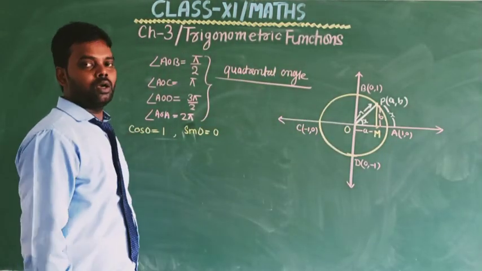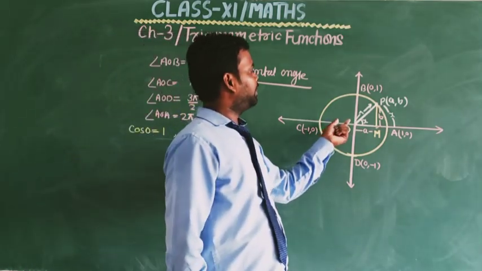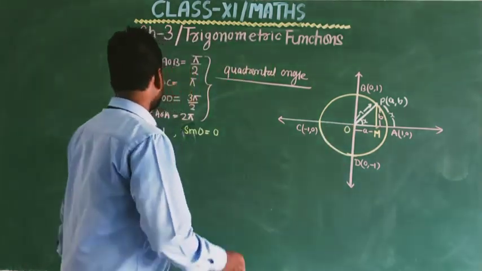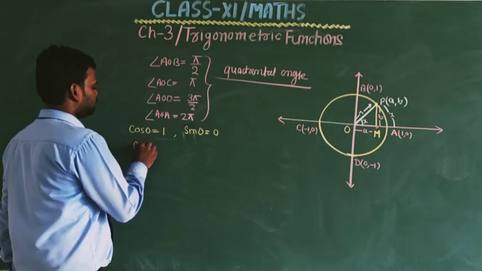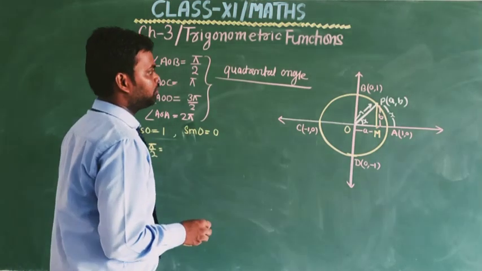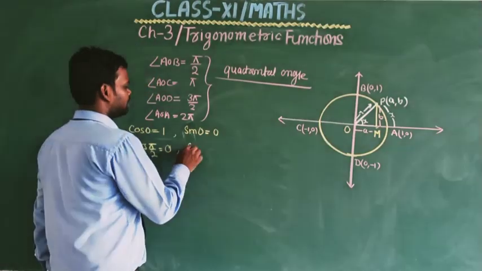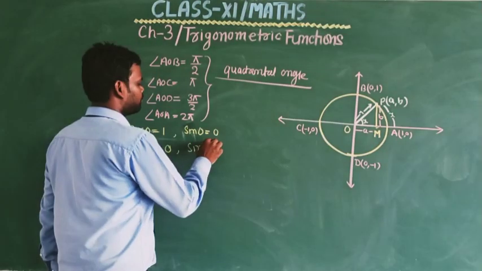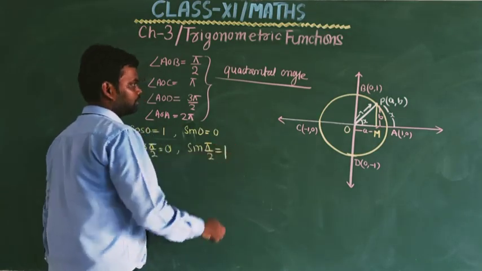So what is the value of sin and cos pi by 2? Cos pi by 2 equal to 0, and sin pi by 2 equal to 1.